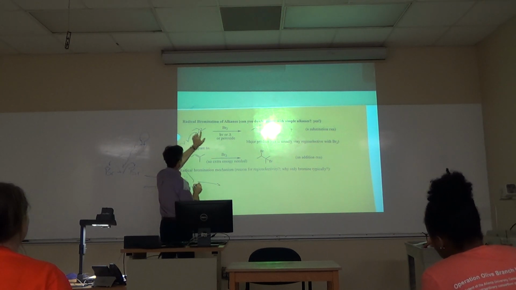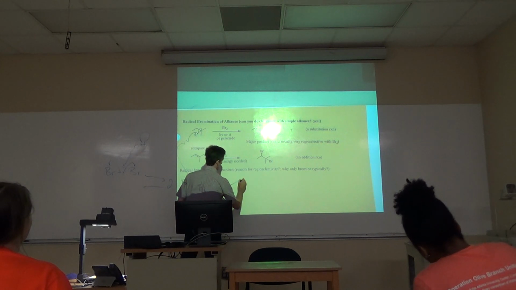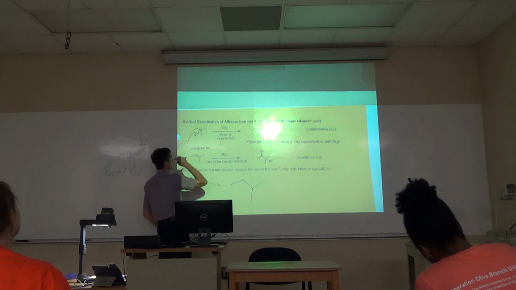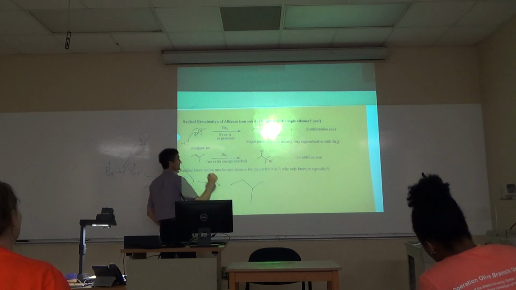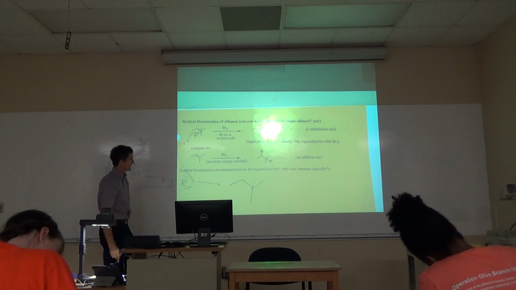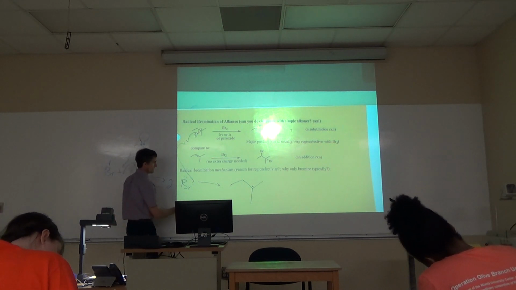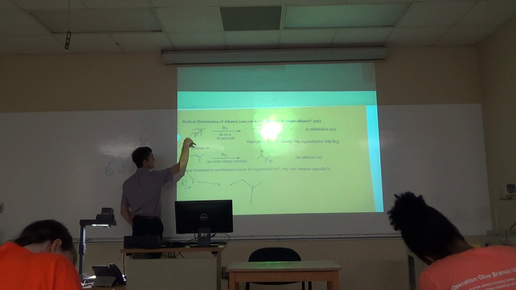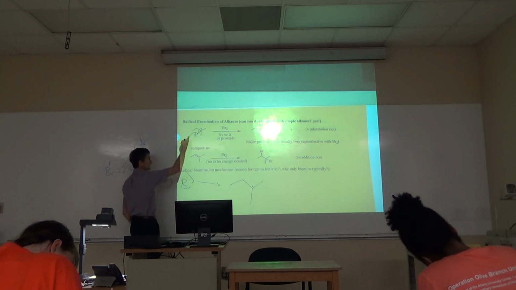Well, what's on the carbon now? The H is gone, but what did we leave behind there on that carbon with that arrow? 1 electron. Yes. This 1 electron is teaming up with 1 electron from H. So what did we make here?